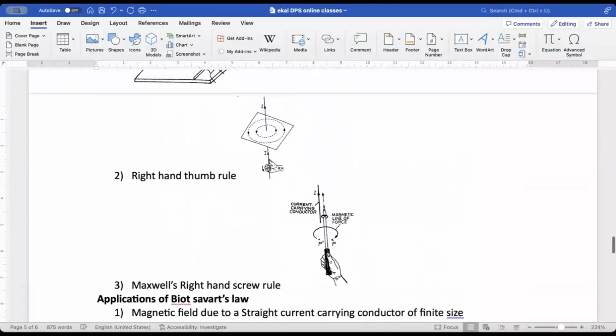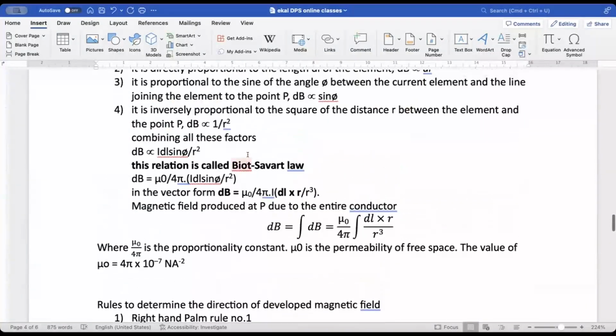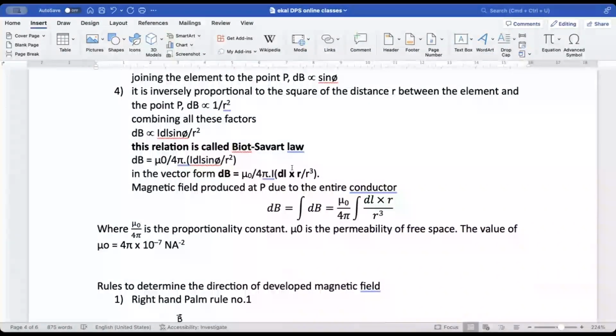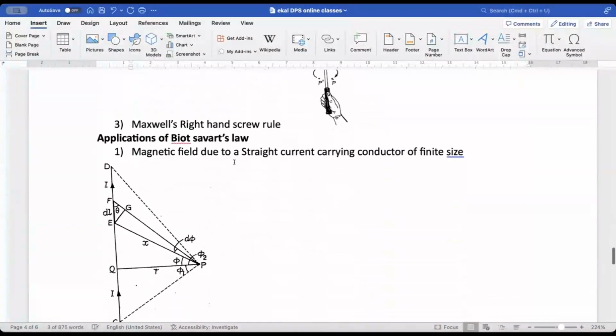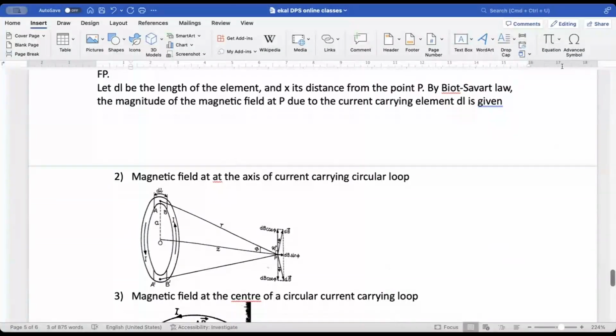we have this relation over here. Let me write here the equation.